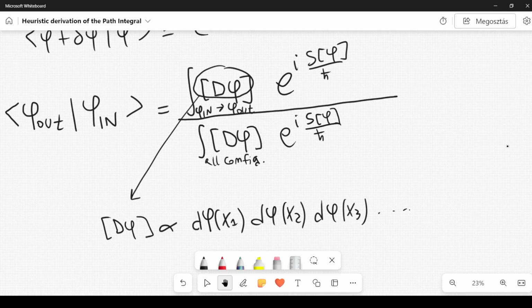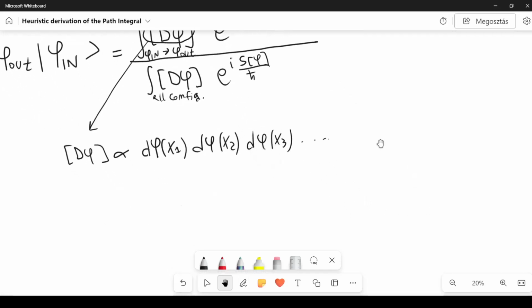So there's an infinite number of them. And for each of these differentials, of course, you have to integrate over all the possible values that this phi of x1 can take.